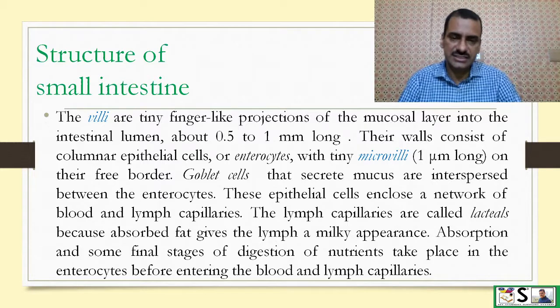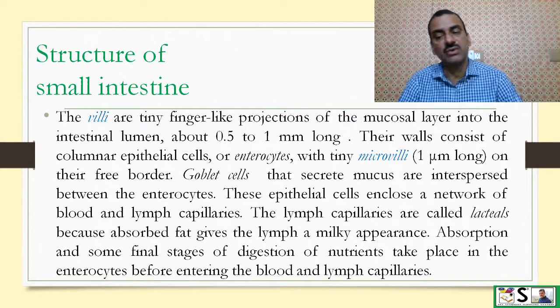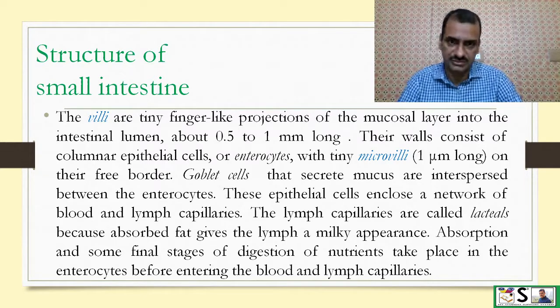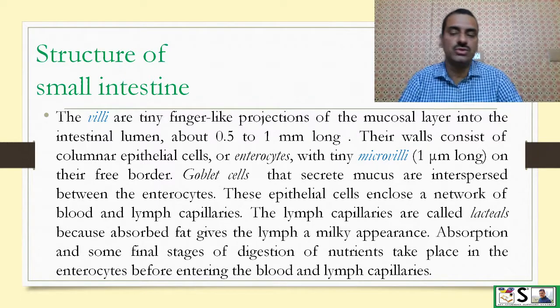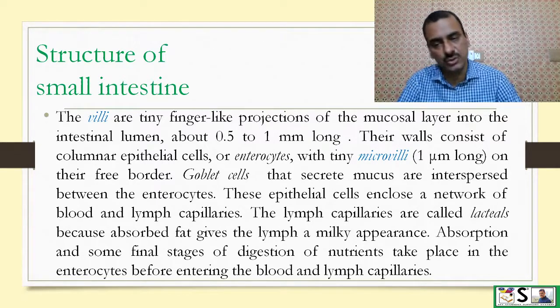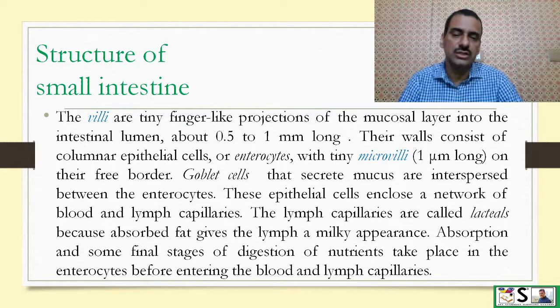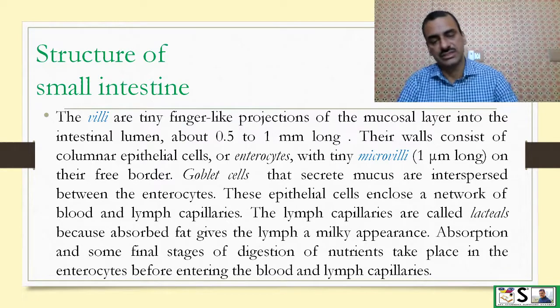The goblet cells that secrete mucus are interspersed between enterocytes. These epithelial cells enclose a network of blood and lymph capillaries. The lymph capillaries are called lacteals because the absorbed fat gives the lymph a milky appearance. The absorption and some final stage digestion of nutrients take place in the enterocytes before entering the blood and lymph vessels.